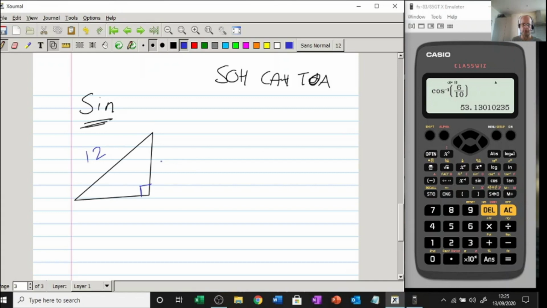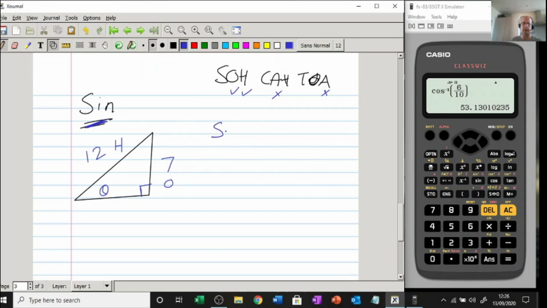And I've got 7 over here. I need to find this angle. So this side here is opposite, O, and this big side is always the hypotenuse, H. So I know O and I know H, so I'm going to use sine, because I don't know the adjacent, so I can't use any of them. You could work out the adjacent if you wanted to, use Pythagoras, but that's for a different day.